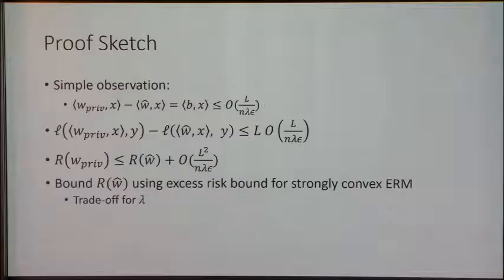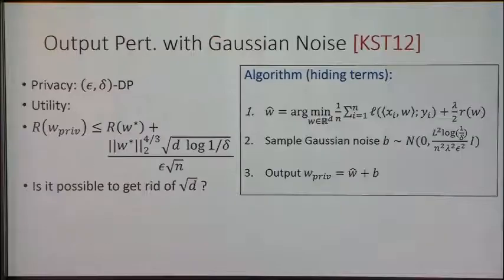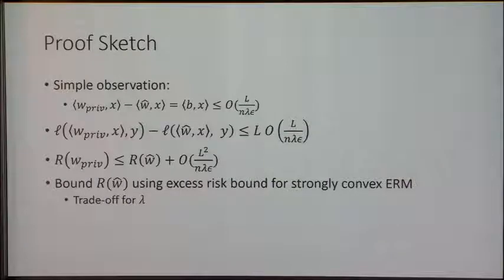And so the observation is extremely simple. Because we have this output perturbation algorithm, whenever we try to measure how different the prediction of W private on X will be from W hat X, that is given precisely by the inner product of B, which is a Gaussian noise, with X. And because B is a Gaussian noise independent of X, this random variable now doesn't have any dependence on D. It's just a zero-mean, bounded-variance random variable.